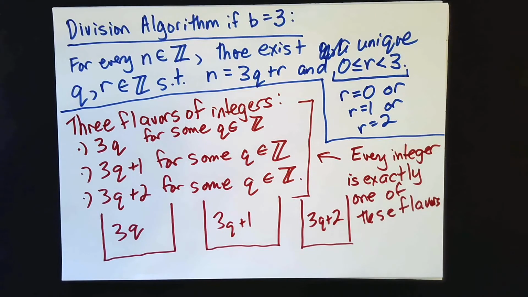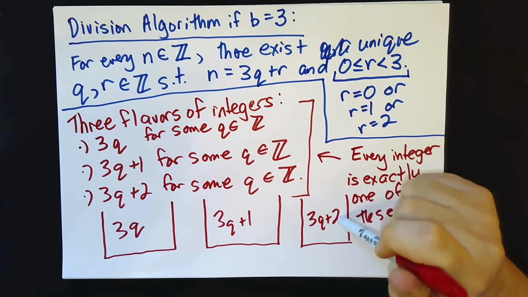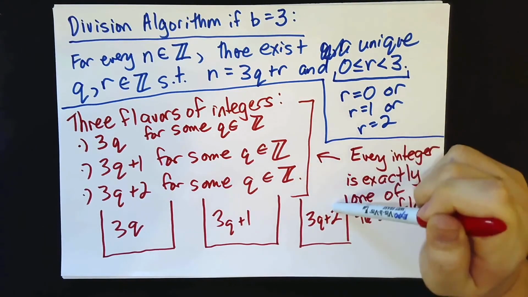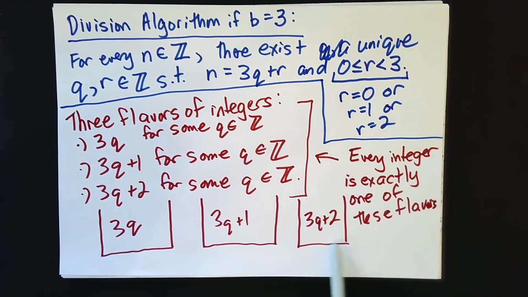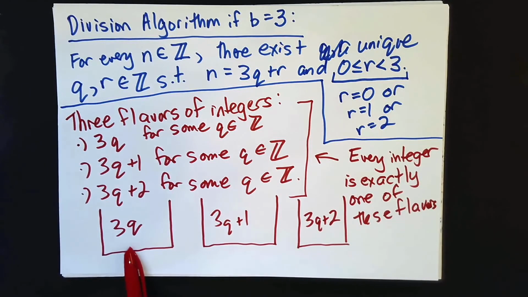And so if you pick your favorite integer, like 11, for example, you can ask yourself, okay, where is 11 in this list? And 11 would be in the 3q plus 2 bucket, because 11 is 3 times 3 plus 2. So this would be the bucket that contains 11. What about 45? Well, 45 is 3 times 15, so that would mean 45 is just in the 3q bucket.